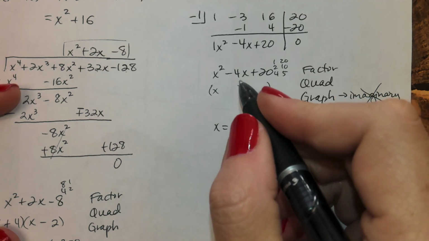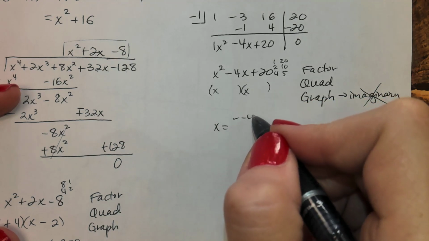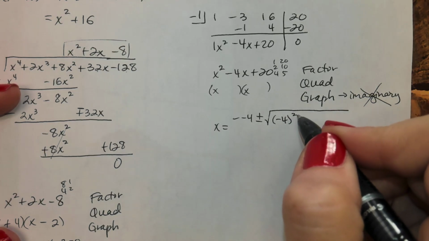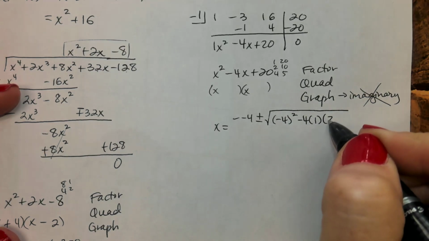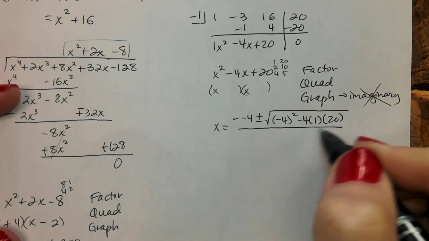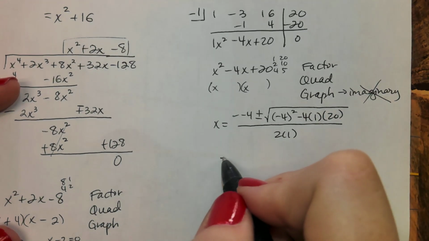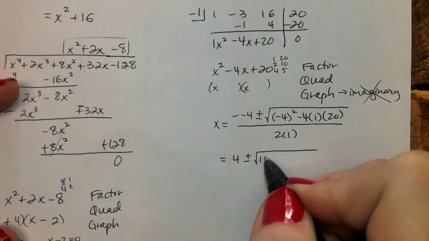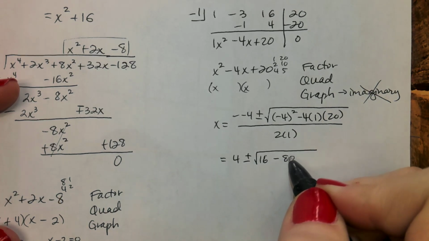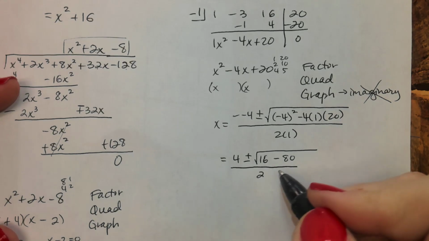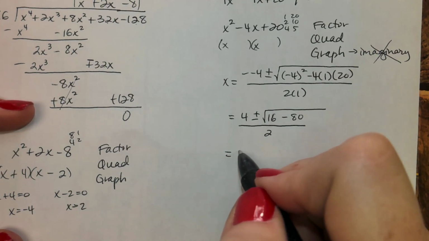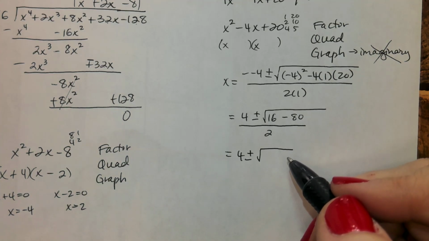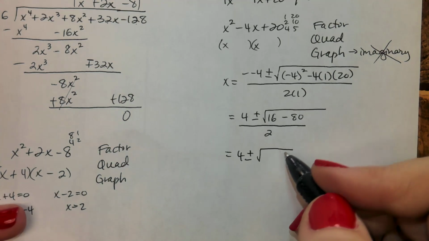x equals negative b, so a negative negative 4, plus or minus the square root of b squared minus 4ac, all over 2a. Simplifying, this is just 4 plus or minus, and under here we've got 16 minus 80, all over 2. You are going to end up with a negative. This is why your calculator can't do it for you.